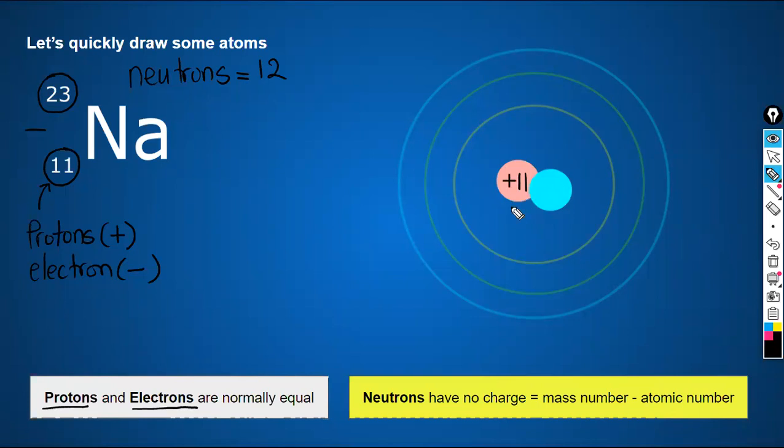11 protons. What number am I going to put in the blue circle? It's going to be 12, correct. You guys have it correct, because this 12 represents the amount of neutrons, and neutrons have no charge. So I'm not going to put a positive sign or a negative sign.